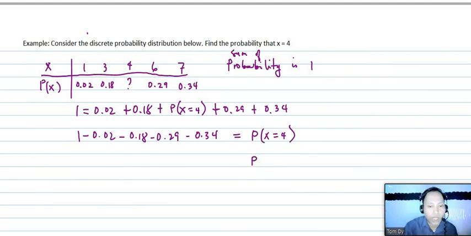When we solve this, 2 and 18 is 20, 49, 50, 60, 70, 83. 100 minus 83 is 0.17. Or you can make use of your calculator to solve this. The result is 0.17. This is now our final answer.